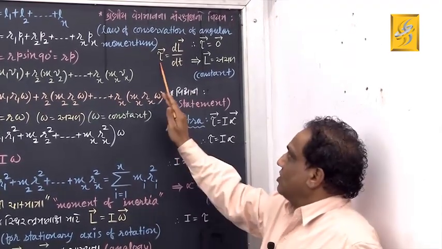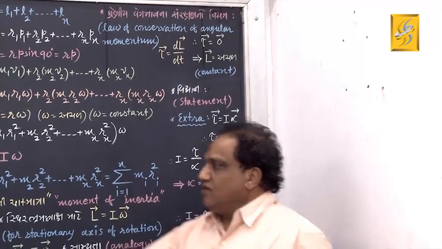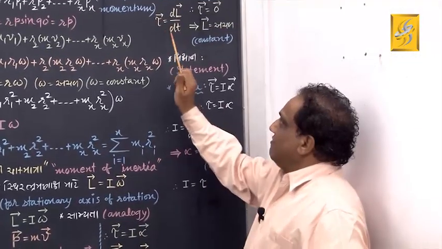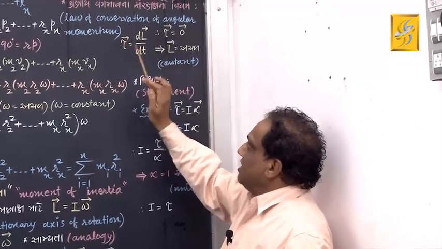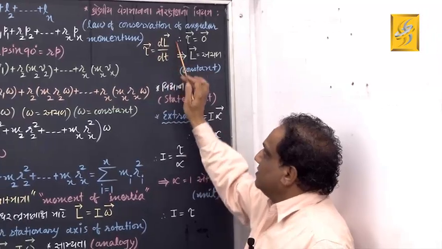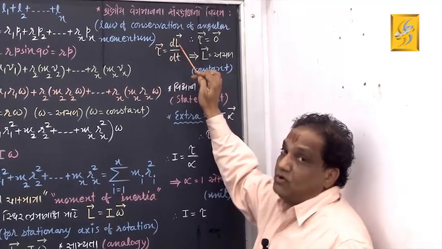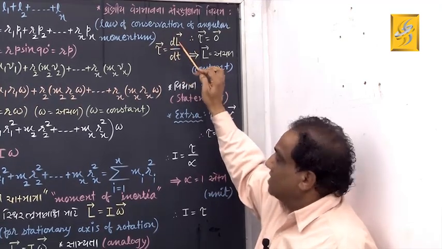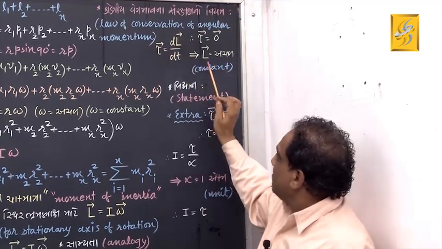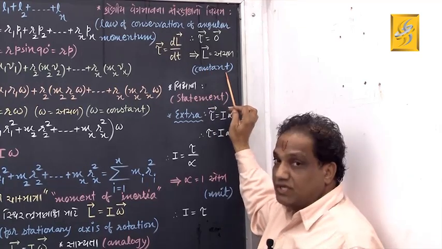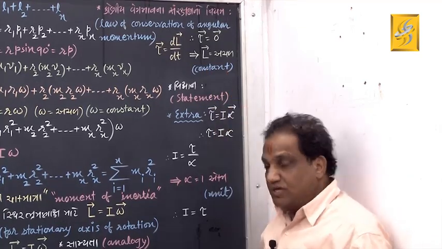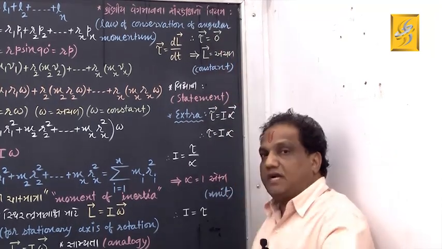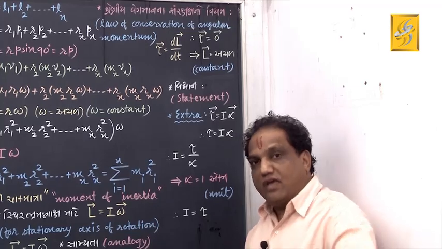Vector tau equals vector dL by dt. I am putting one condition. If vector tau is 0, this also will be 0. Now tell me, derivative of which term would be 0? Derivative of a constant term would be 0. So when this part is 0, vector L must be constant. Constant means conserved. What is conserved here? Angular momentum. That's why when you join these two, you get the statement of the law of conservation of angular momentum.